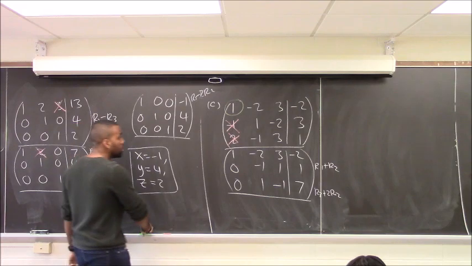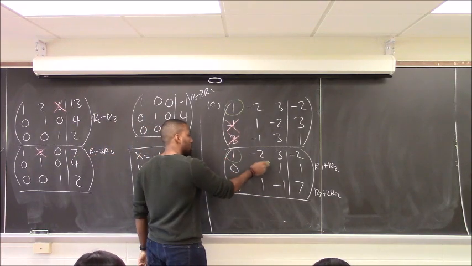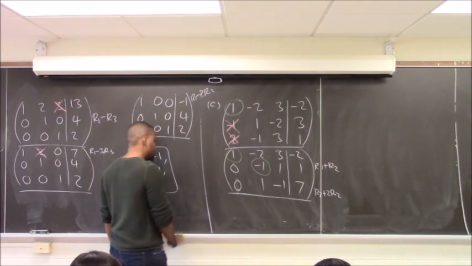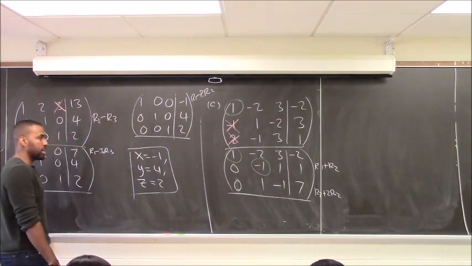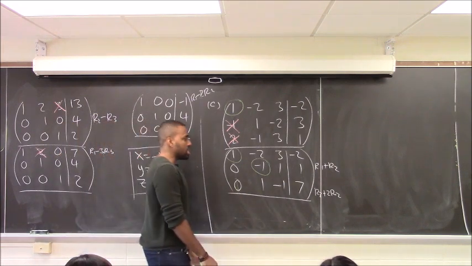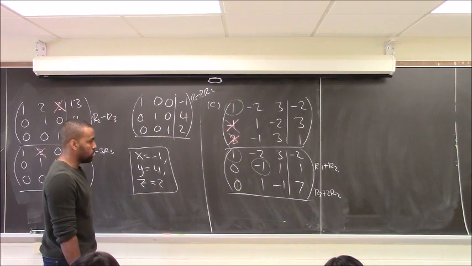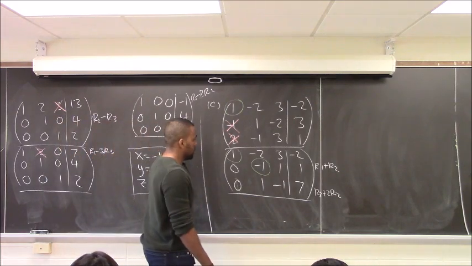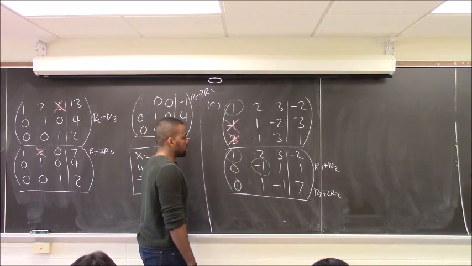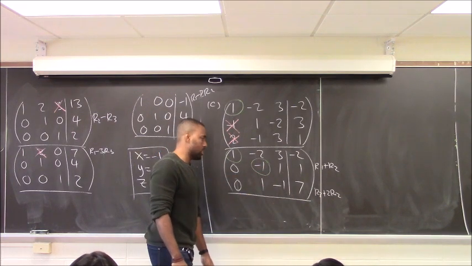Next thing you want to do, so this pivot is pretty nice. Next thing you're focusing on is that guy. You need to get that to be a pivot, which means I want to make him a 1 and get a 0 below him right away. I want to do that the easiest way possible. I could just swap the rows, but the second row has smaller numbers in it than the last row.